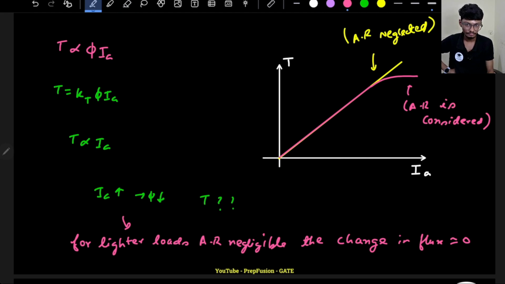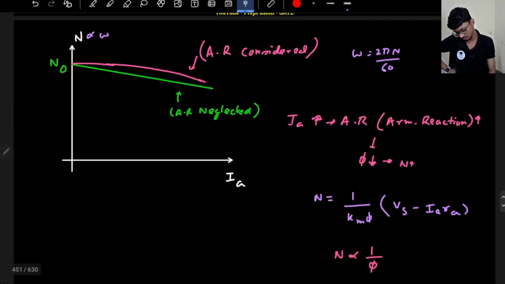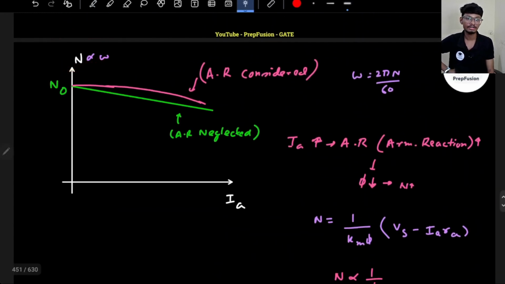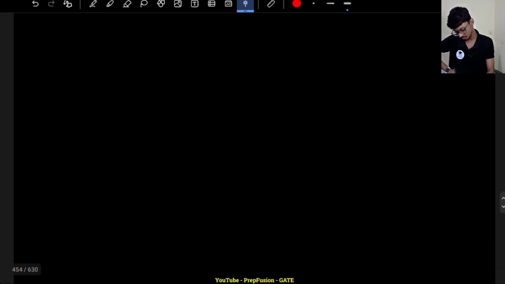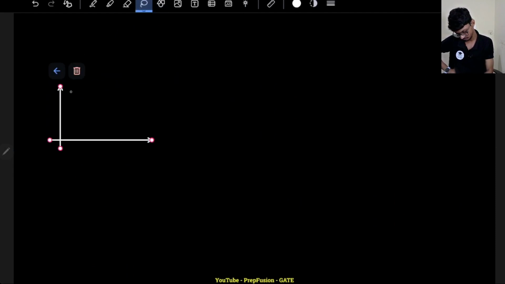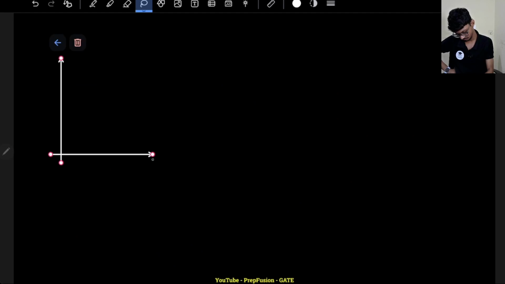Okay, so yeah, this was the basic graph. Combining these two graphs, I will try to make the speed-torque graph, right? Speed-torque characteristics. How will I draw the speed-torque characteristics?